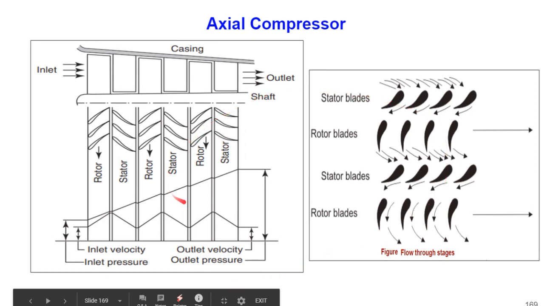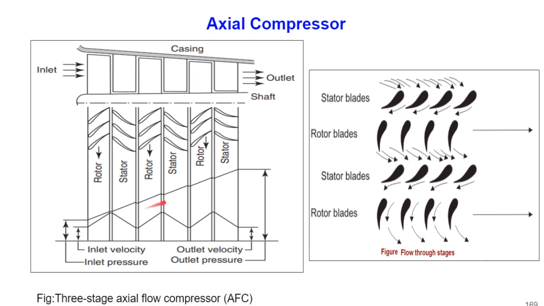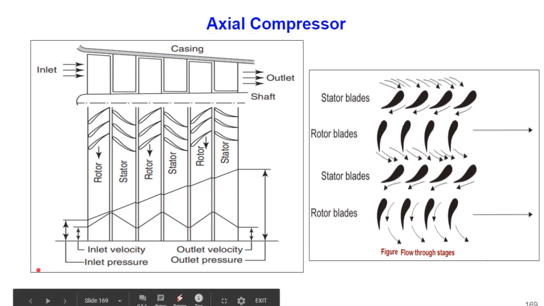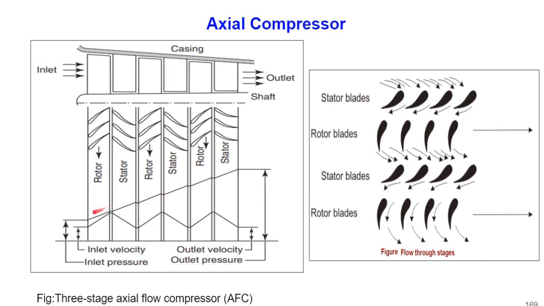So this is exactly the diagram showing the velocity variation and pressure variation. The upper line is the pressure line. Pressure increases in the rotor, and it also increases in the stator because kinetic energy reduces. Again the rotor imparts kinetic energy, hence pressure increases.